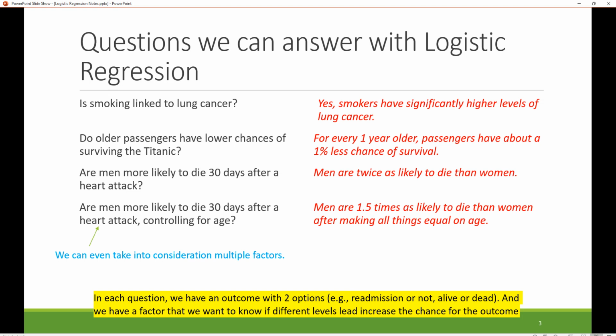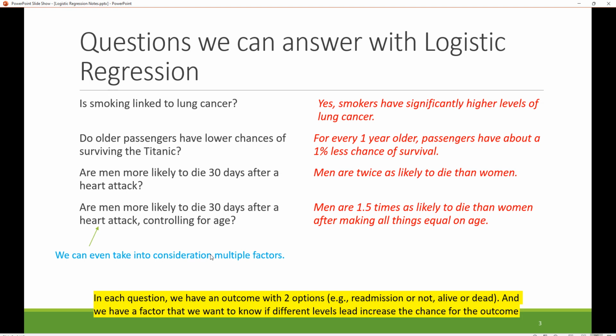Another question that we can ask is, are men more likely to die 30 days after a heart attack? And from some studies, we might find out that men are twice as likely to die than women. And we can even take into consideration multiple factors.